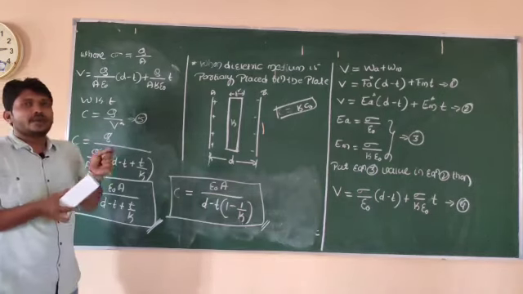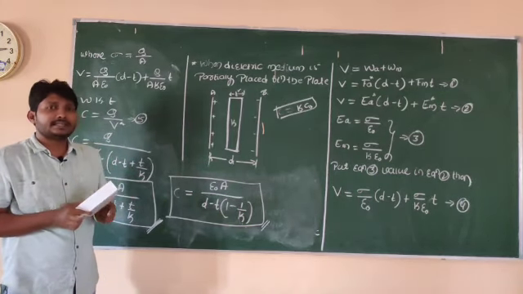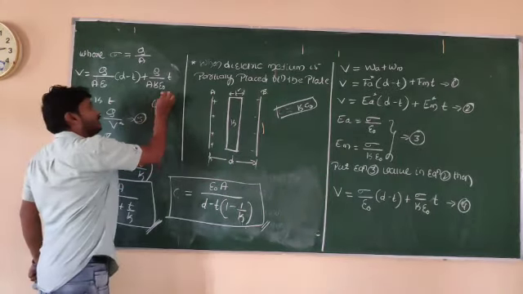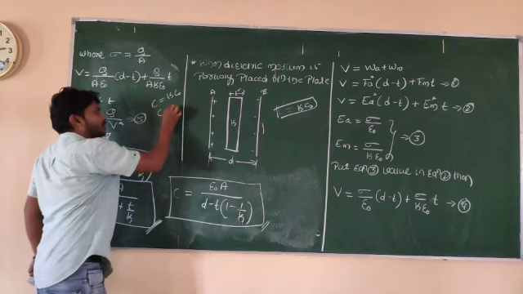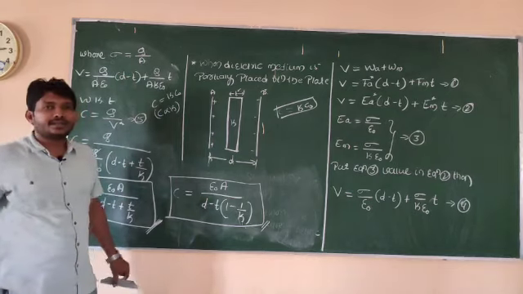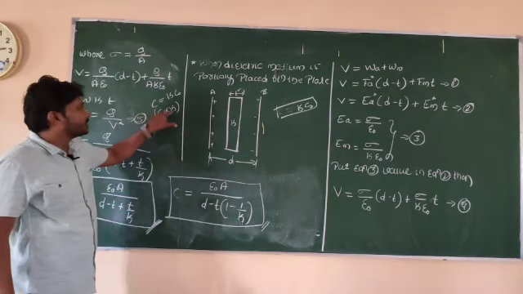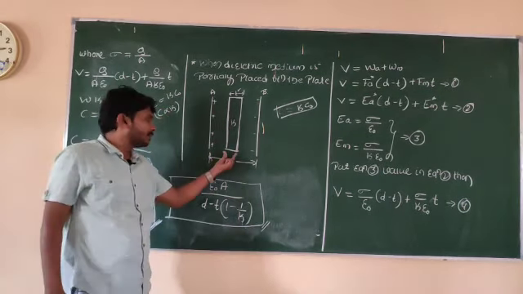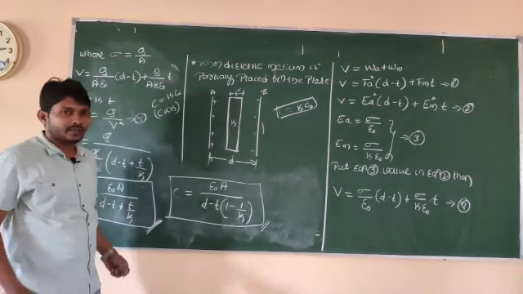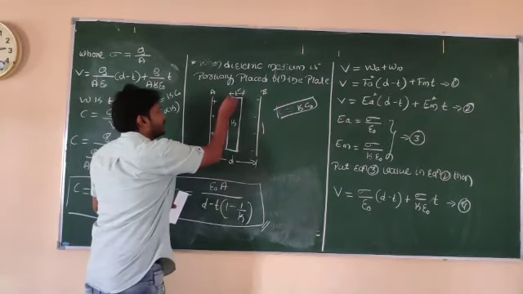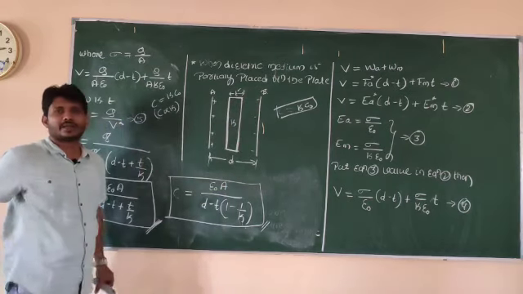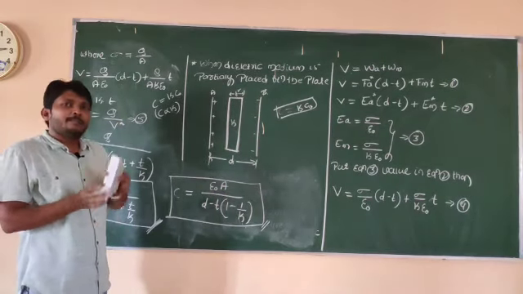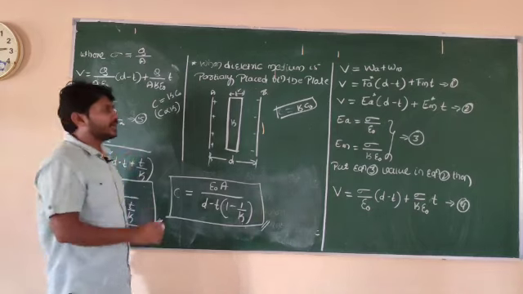So look at here, when you place the dielectric medium, I said that capacitance value will increase here. Why? Because capacitance is directly proportional to dielectric constant here. So capacitance value will go on increasing if you place the dielectric medium here. But I want to get that same initial capacitance value.